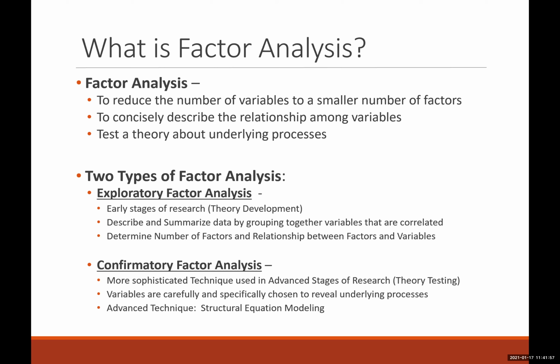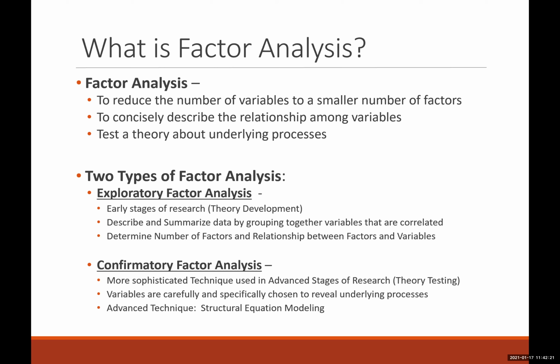And now you want to test to see if you can prove it quantitatively, in an evidence-based manner, using numerics, using the method of factor analysis. And then there are two types of factor analysis. The one that we're going to be covering in class is exploratory factor analysis, also referred to as EFA.